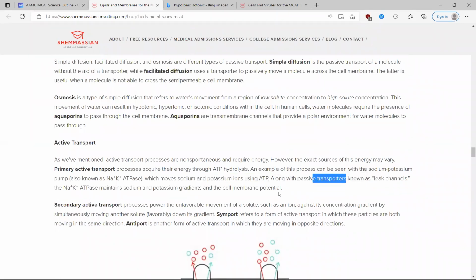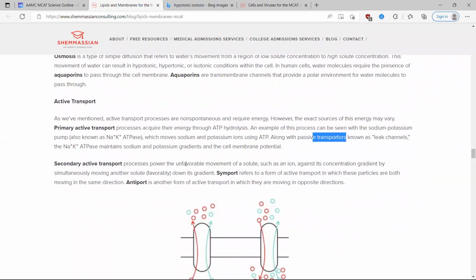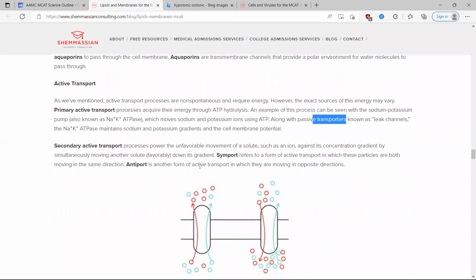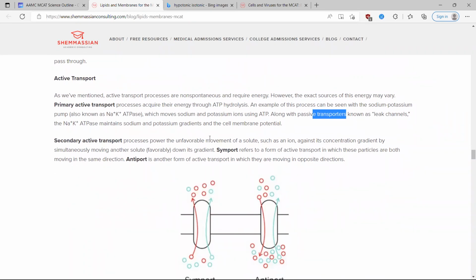So then secondary active transport. Secondary active transport processes power the unfavorable movement of a solute, like an ion, against its concentration gradient by simultaneously moving another solute favorably down the gradient.